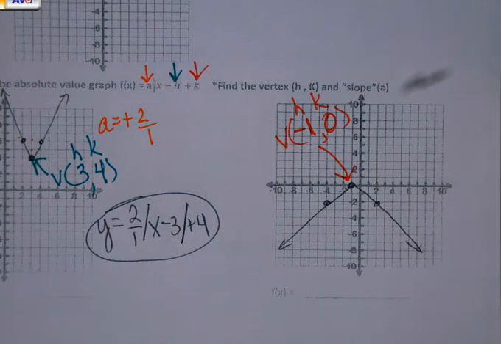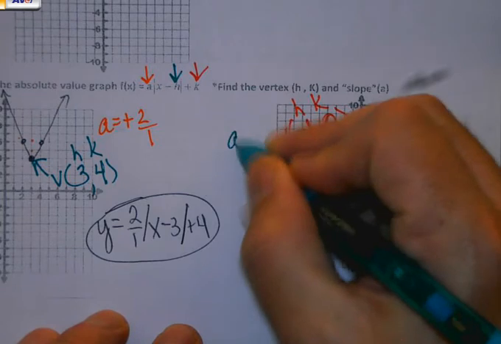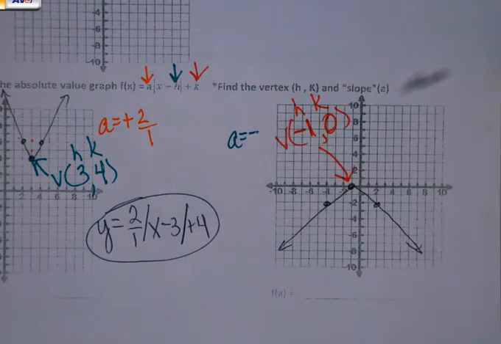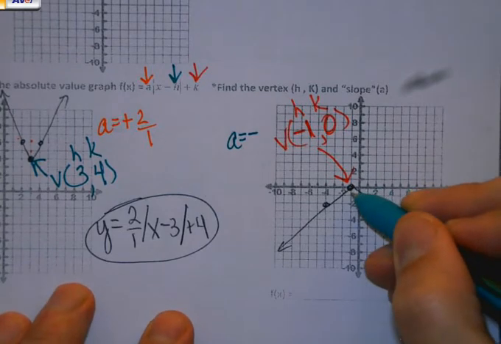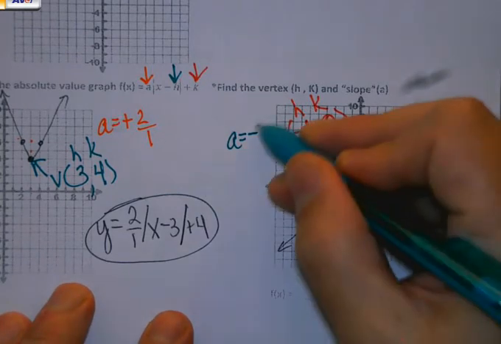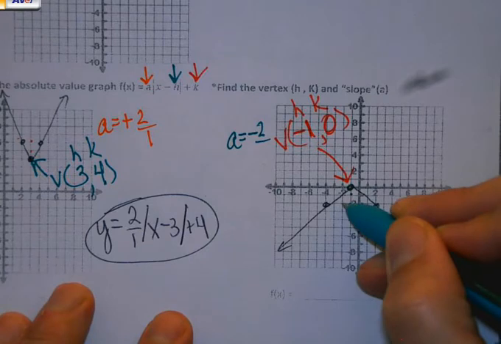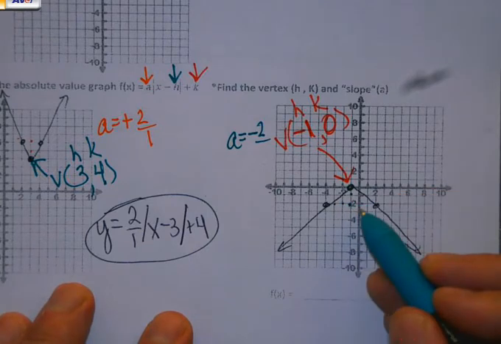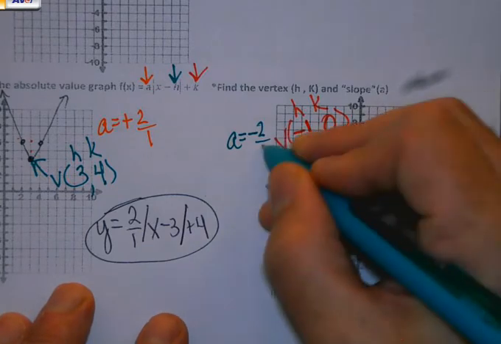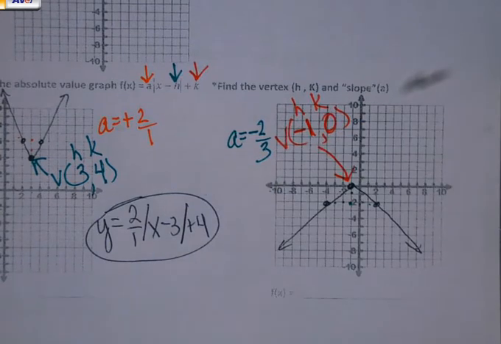And then again, I notice my A value is going to be negative because we're opening down. So I go, okay, let's see. So down 2, and 1, 2, 3. And either way gets me the same thing. 1, 2, 3. So we can get fractions. That is A-okay.